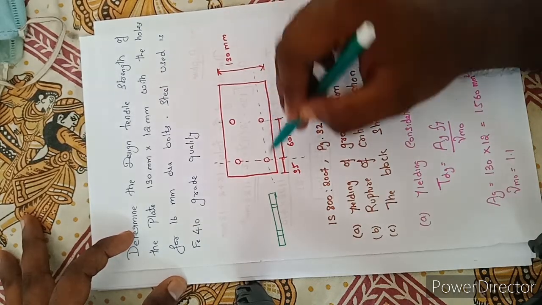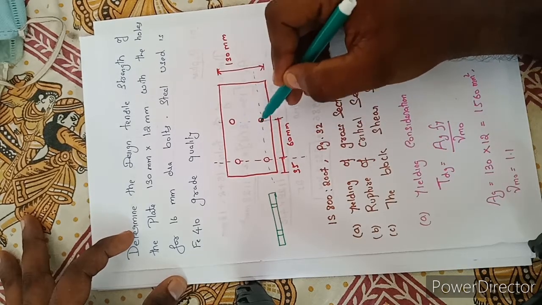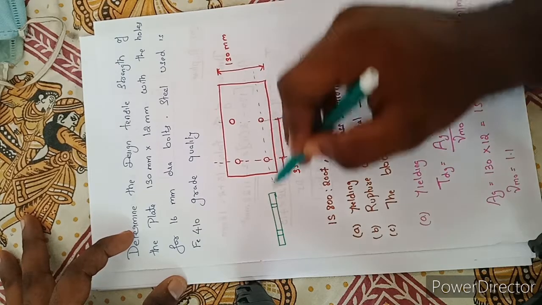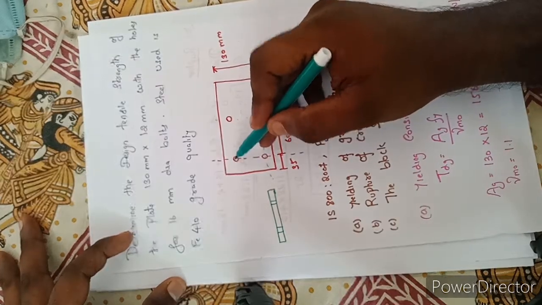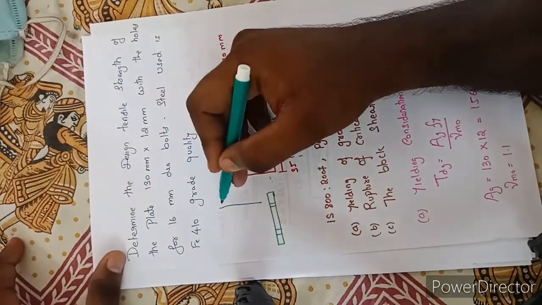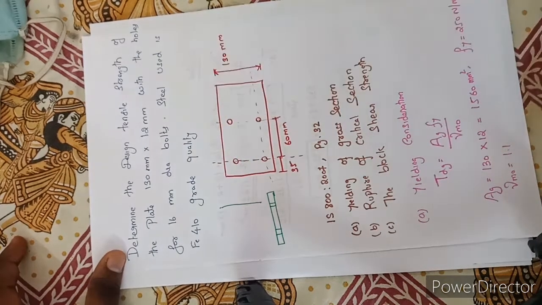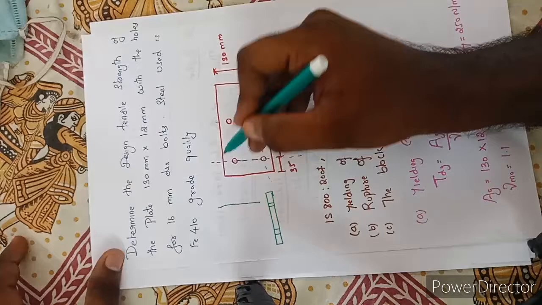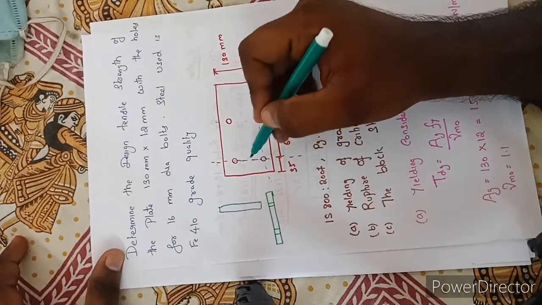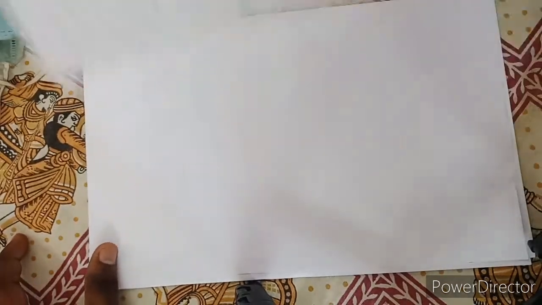This is a shear plane, along from the edge to the last bolt hole, up to half of the last bolt hole. This one is the vertical plane, which is called the tension plane. If you cut along this part, you will find a vertical rectangular shape like this one.